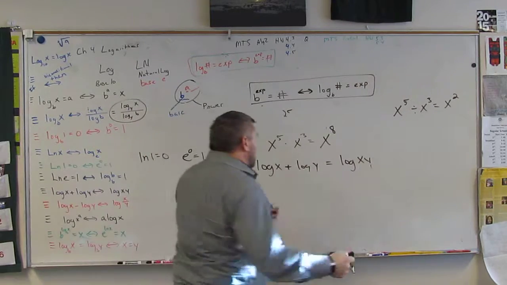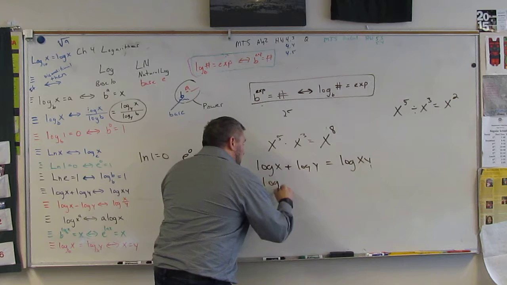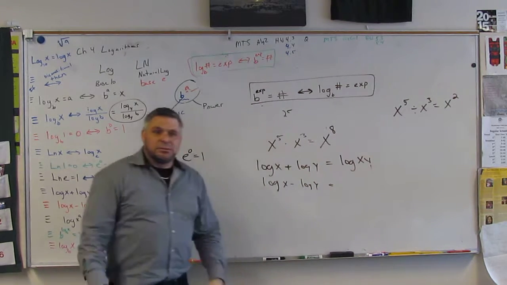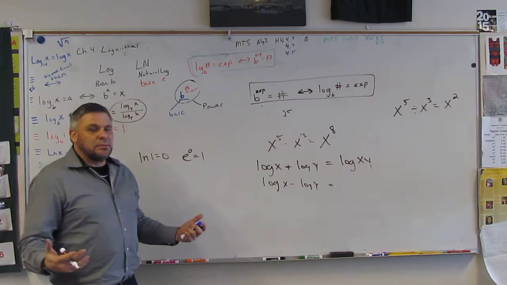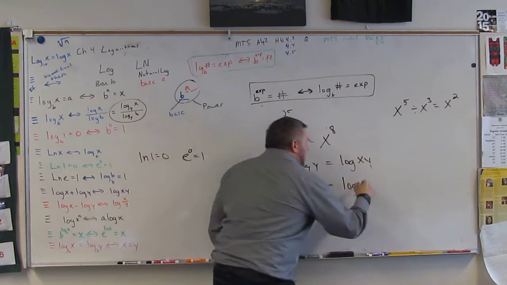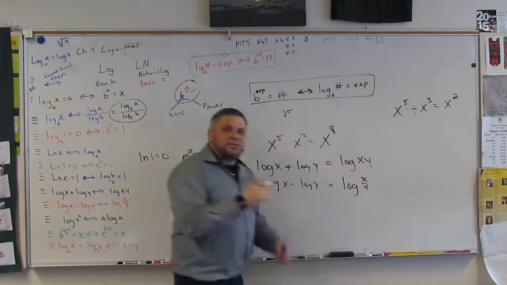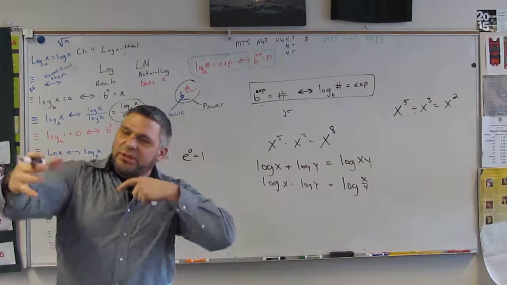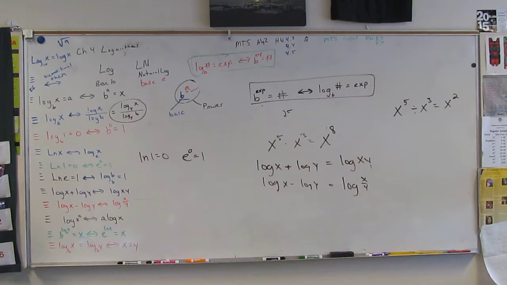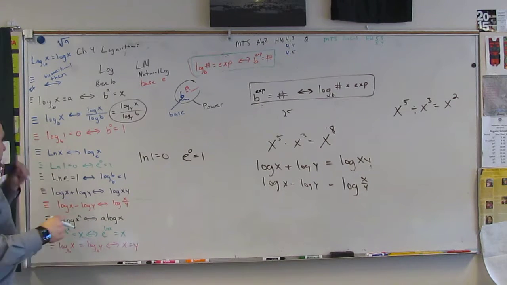Then all we do, log of x minus log of y is what? That's it. Not log of x divided by log of y, but x divided by y. We just take those two numbers and divide them.